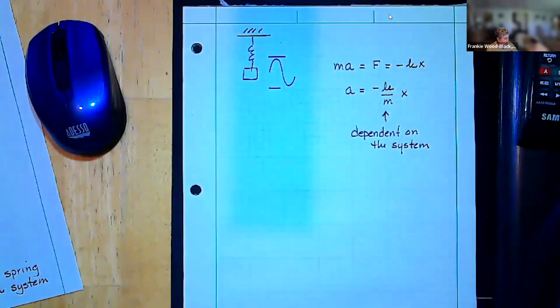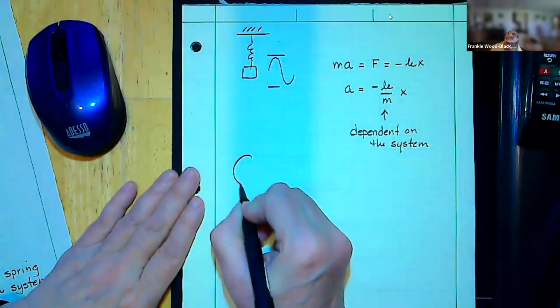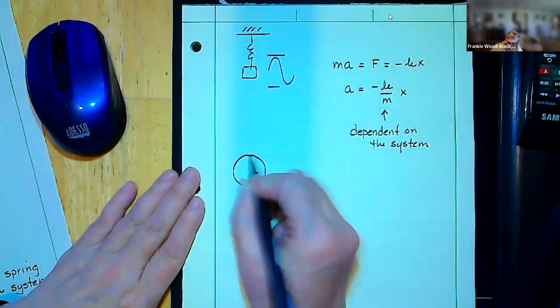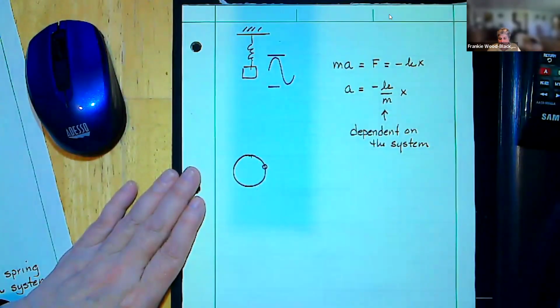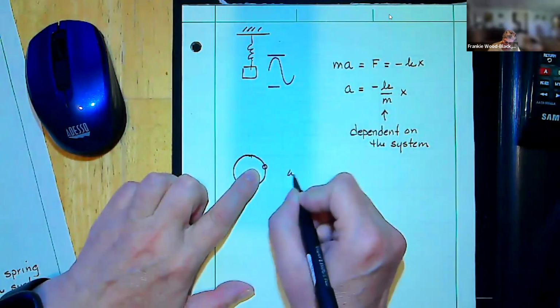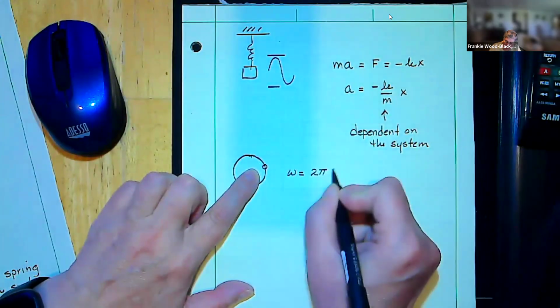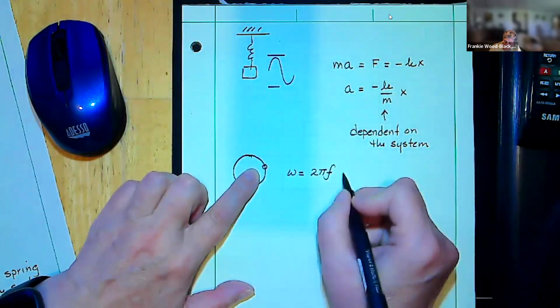And then we can take it back to our unit circle. So if we go back to our unit circle, if I have an object going around my unit circle, we talked about our angular velocity, and our angular velocity was equal to 2 pi times the frequency.